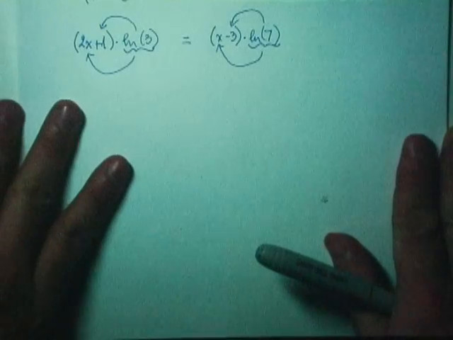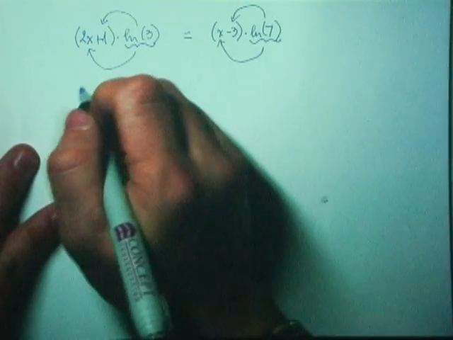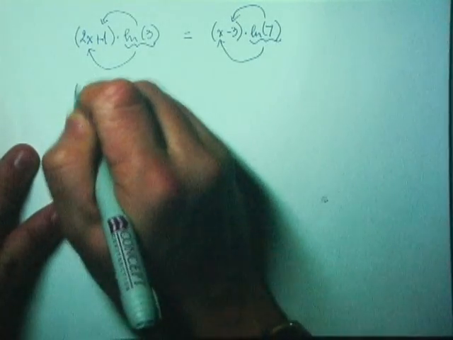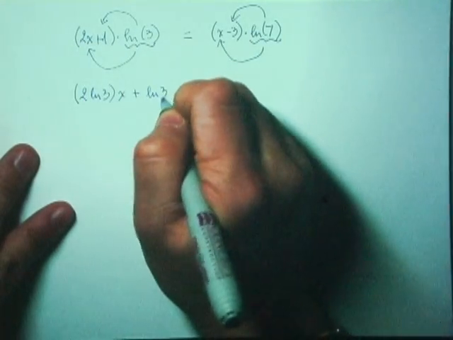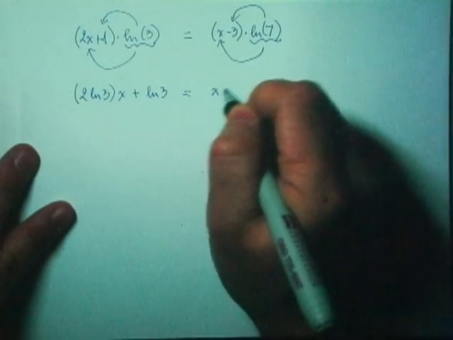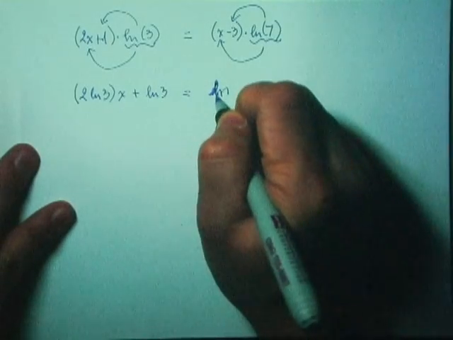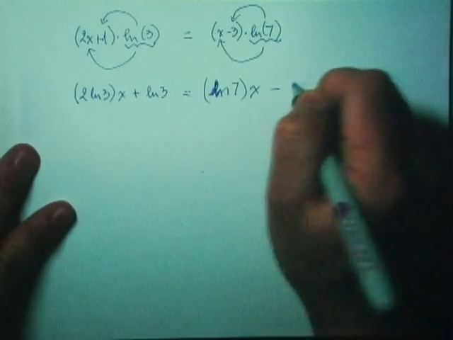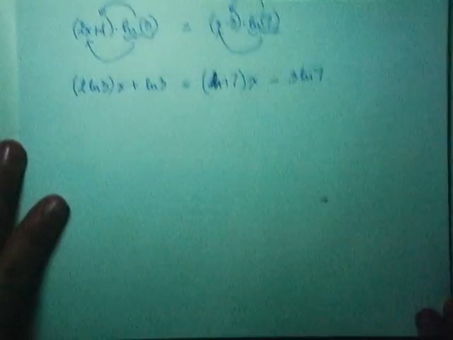And so now what we can proceed further from here is it's going to become 2 times natural log of 3 times x plus natural log of 3 times 1, which is natural log of 3, equals natural log of 7 times x minus 3 times natural log of 7. Okay, that is going to be the next step.